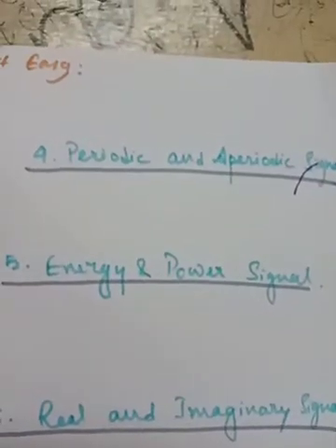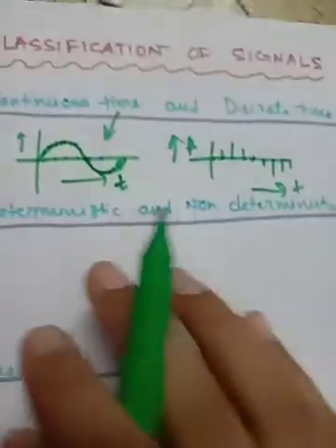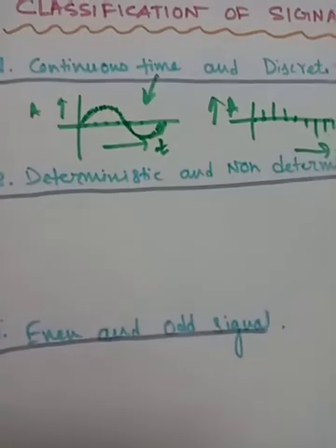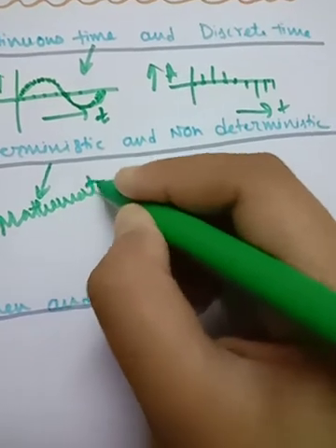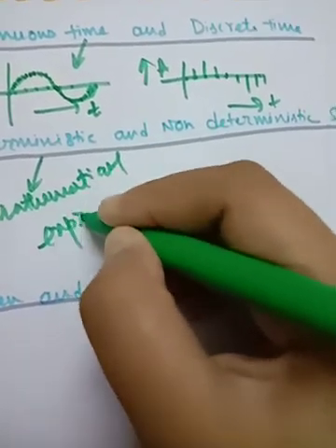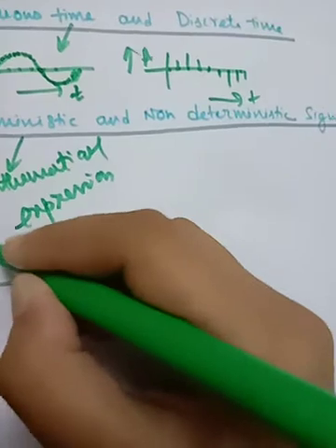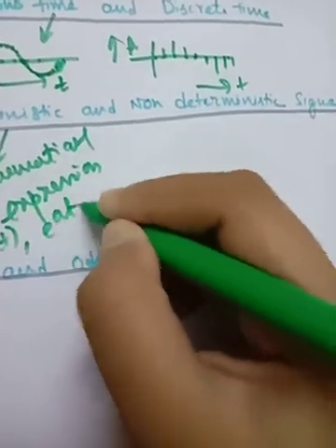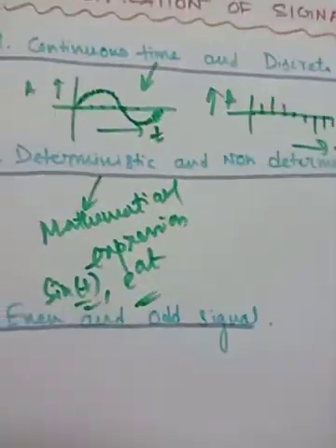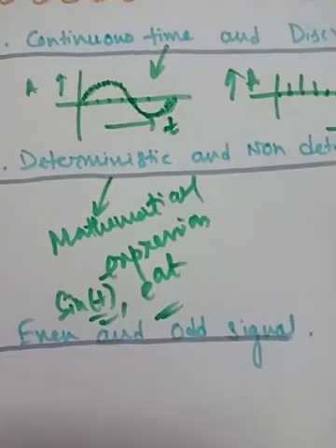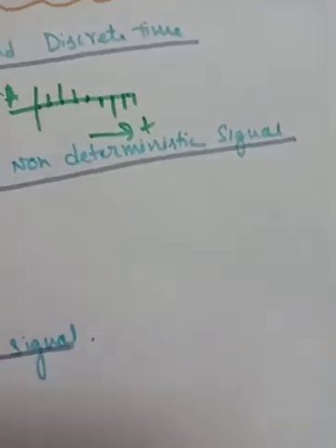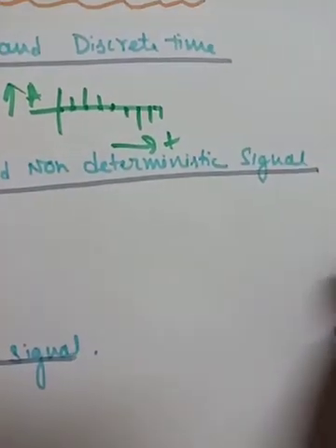Before periodic and aperiodic we will learn the deterministic and non-deterministic. Deterministic means a signal for which we will have a mathematical expression, like sin t or e to the power at. This kind of signal will have a mathematical expression. So these are the deterministic signals. Non-deterministic means which will not have any mathematical expression.